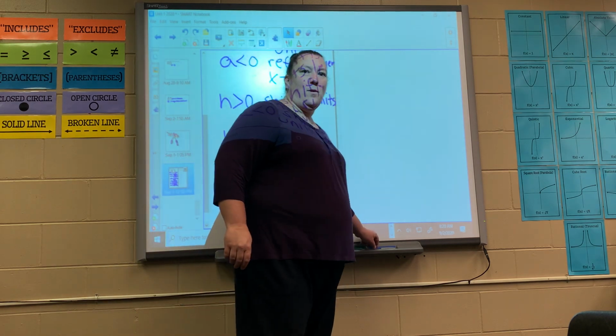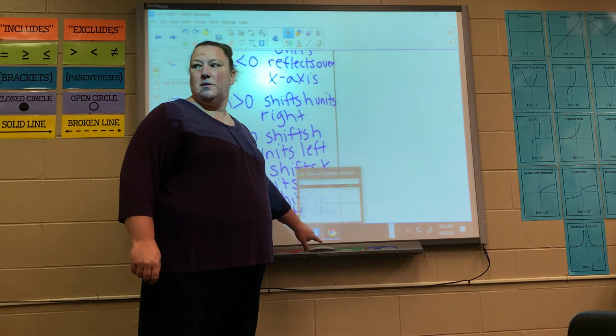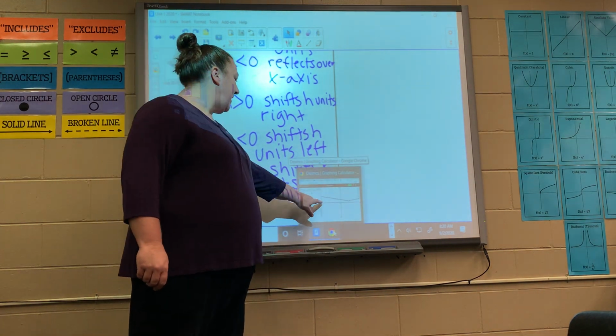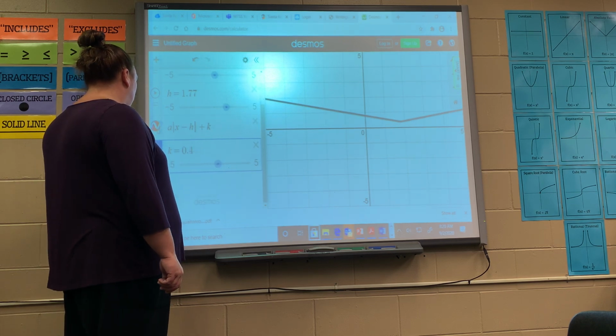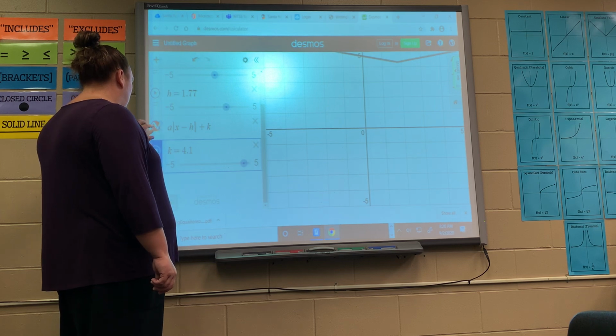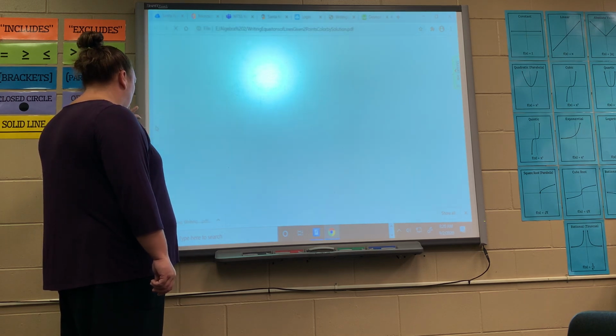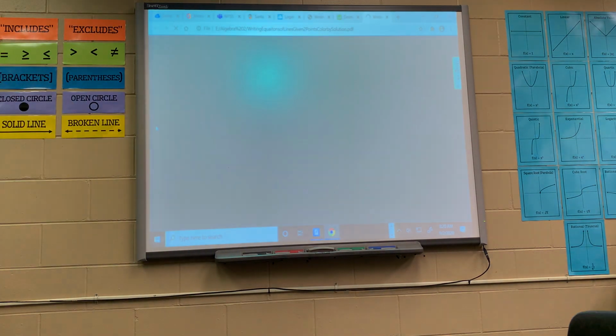Now we're going to peek at what happens with our quadratic function. With our quadratic function, hold on. Let me fix that on my computer.